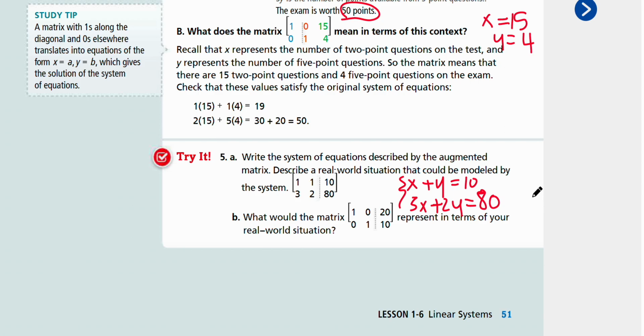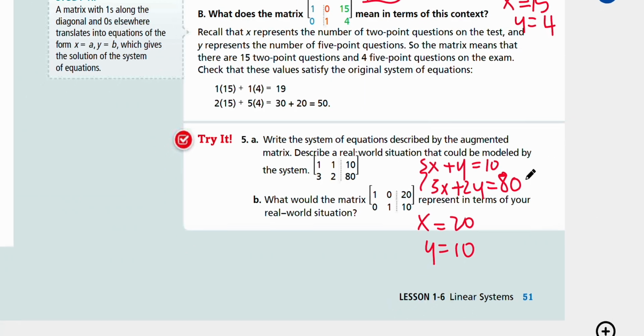And part B, what would the matrix 1, 0, 20, 0, 1, 10 represent in terms of your real-world situation? Whatever your x represents would be 20, whatever your y represents would be 10. So if you were to follow the same context from example 5, you would say there were 20 3-point questions and 10 2-point questions. Okay, so depending on your context, you have to answer part B as well.